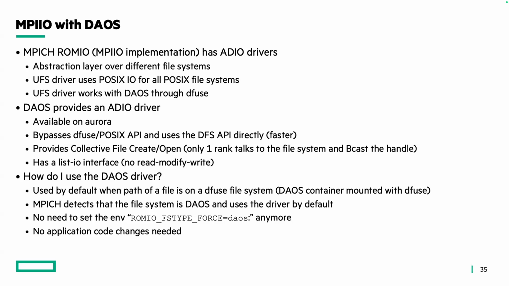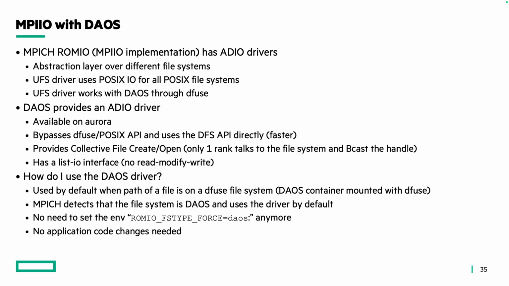There's one for Lustre, PVFS, the old PVFS2 stuff, and one for DAOS. There's also a generic one called UFS, which just uses basic POSIX calls and is supported over most POSIX-compliant parallel file systems. So if you use the UFS driver, it works with DAOS through dfuse.